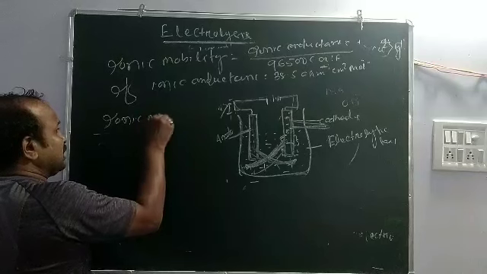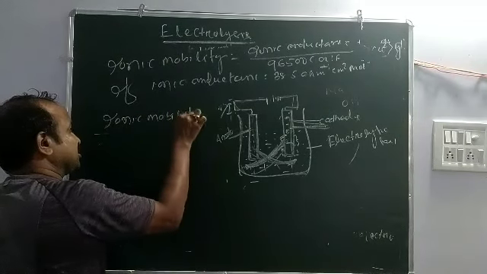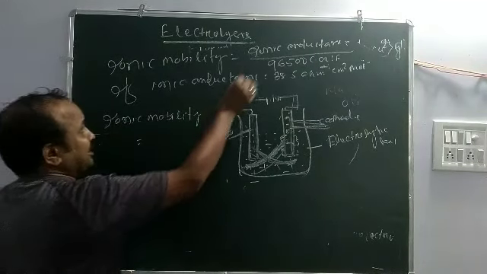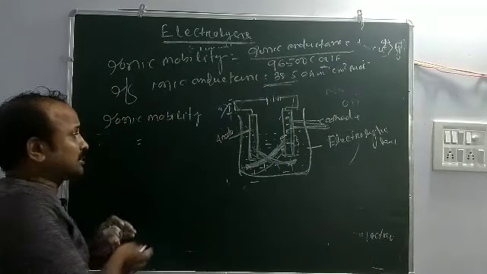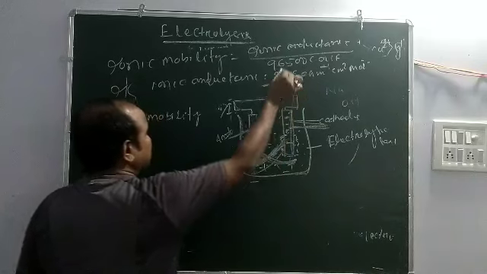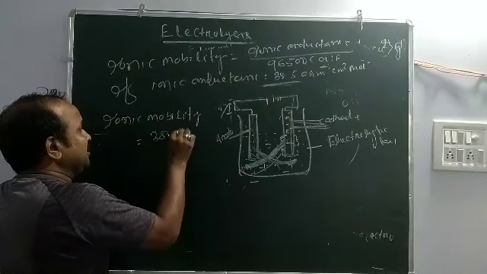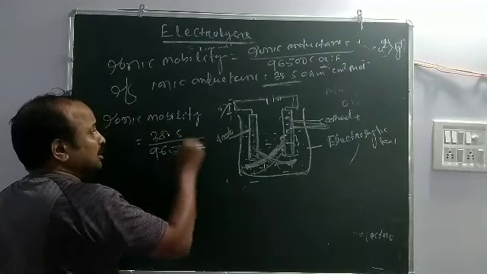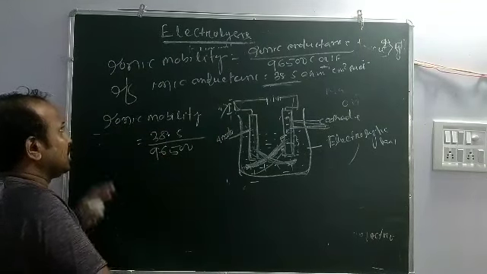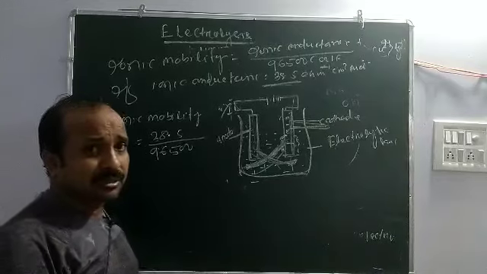Ionic mobility is equal to the ionic conductance, which is given as 38.5, divided by 96500. Okay, that is the ionic mobility.